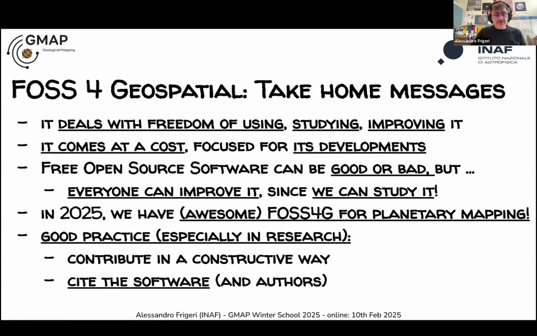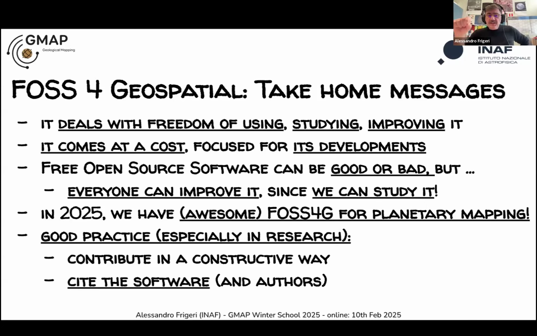And this is an example of QGIS. QGIS is supported, I think, by 400 institutions now, and it has become better and better through the years. And the ones that followed the history of QGIS know very well that at the beginning it was a pain in the neck. Now it is kind of a reference. So this is an example, but other software is like that.